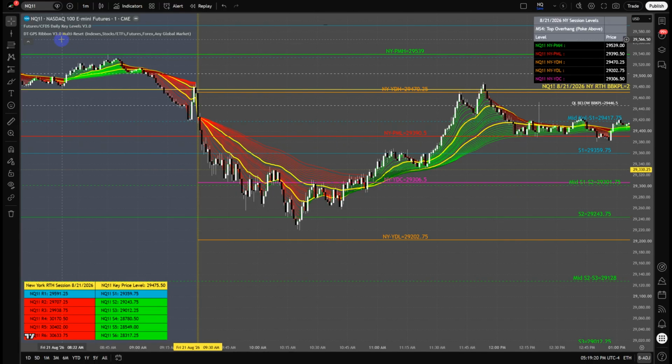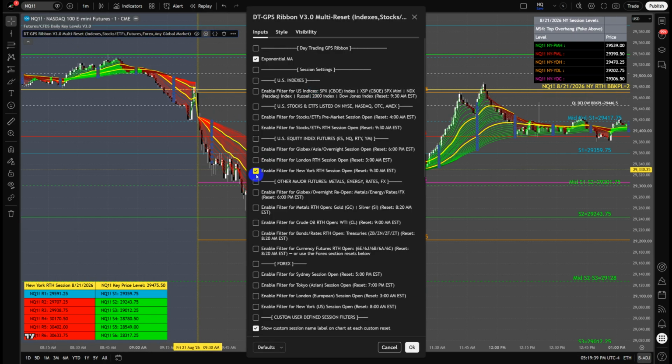So the advantage of this ribbon is that you can see it both ways. You can have it on a dual screen, either a split screen on a single monitor, or if you have multiple monitors, one screen with the session reset on and one with the standard with it off, which would be this way.